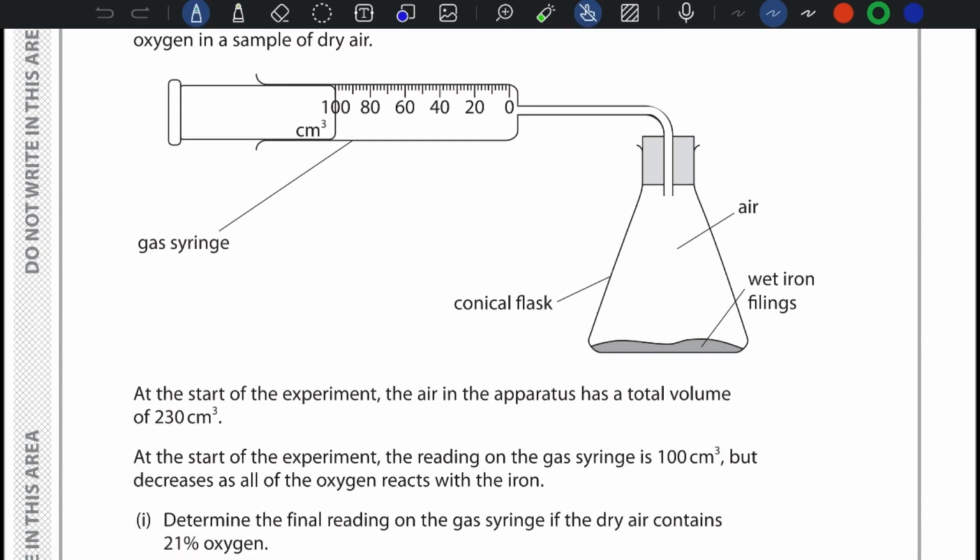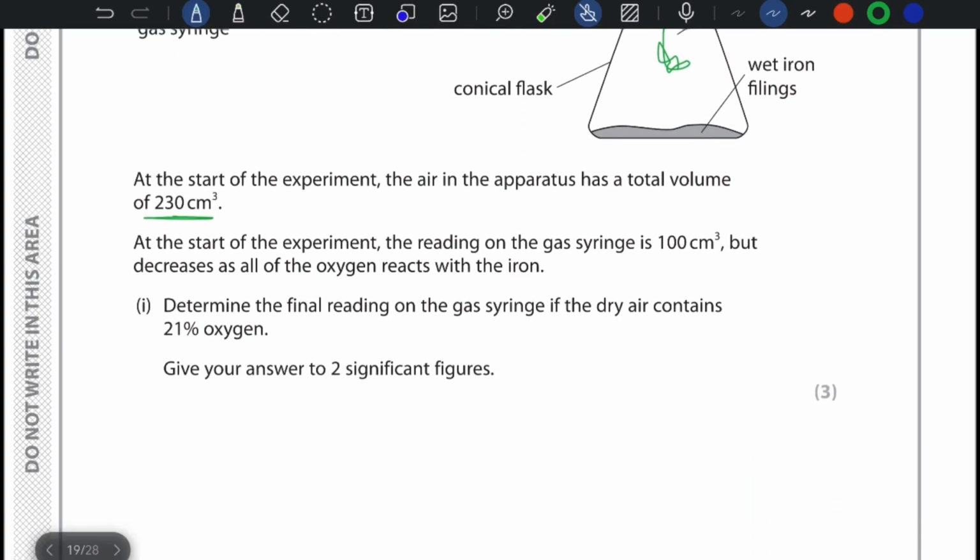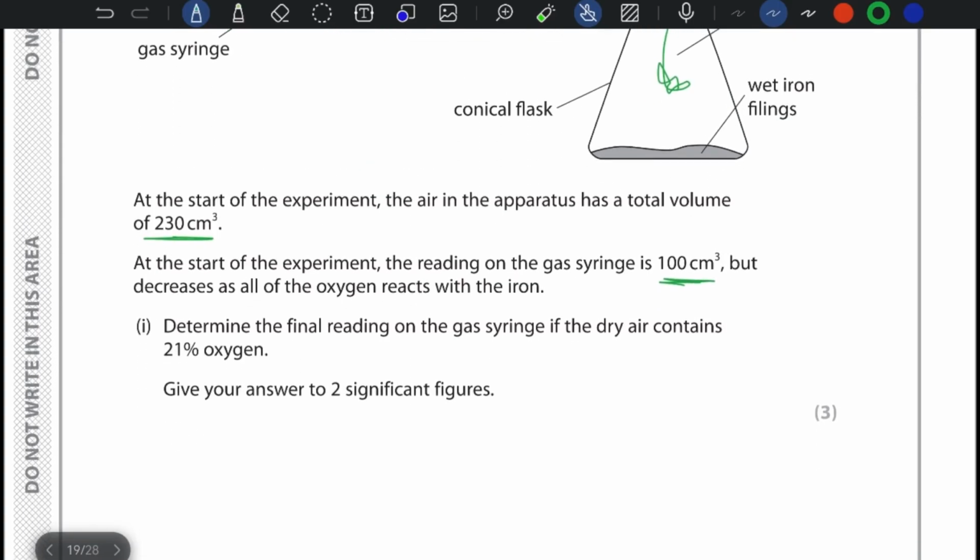At the start of the experiment, the air in the apparatus has a total volume of 230 cubic centimeters. At the start of the experiment, the reading on the gas syringe was 100, but it decreases as all of the oxygen reacts with iron. You can see that wet iron wool right here.